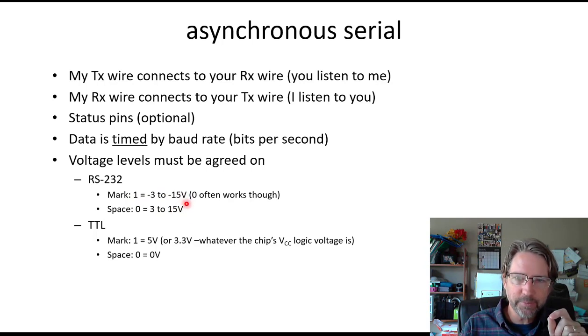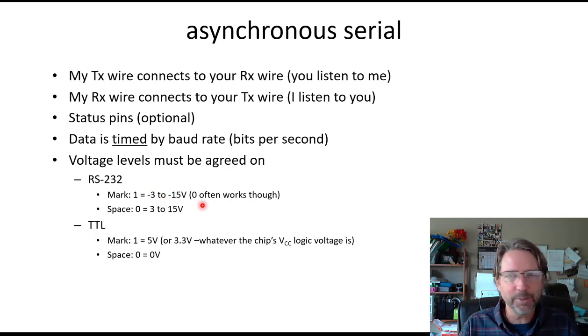And the original specification says that 0 volts is neither, and that's kind of an error checking. If you're getting 0 volts, you might have been short-circuited to ground somehow. So this lets you reject those and show up faults in the system. Often, though, in modern RS-232, 0 volts works instead of a negative voltage, just because it's easier to build them that way.